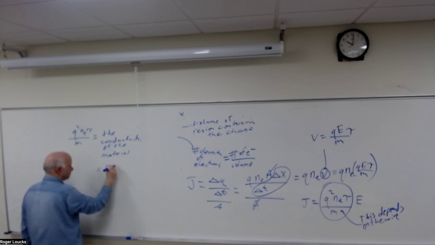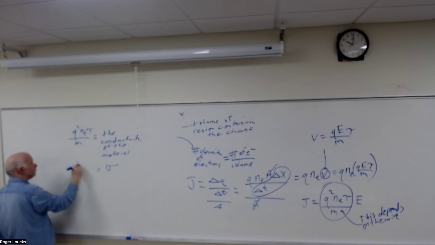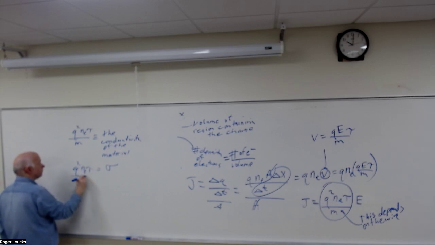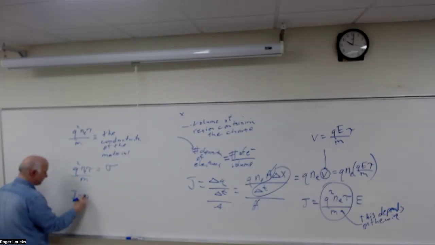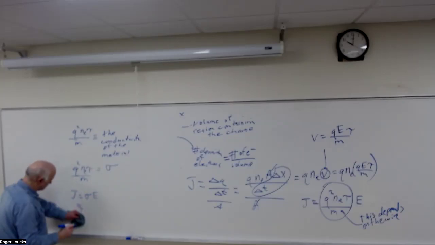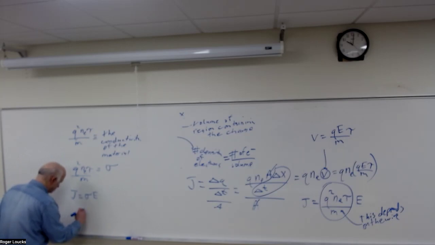We call that sigma. So what we get here is J equals sigma E, or better yet, J vector equals sigma times E.